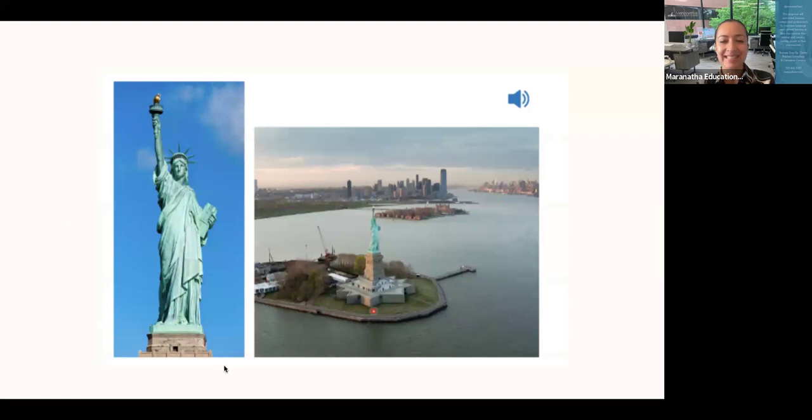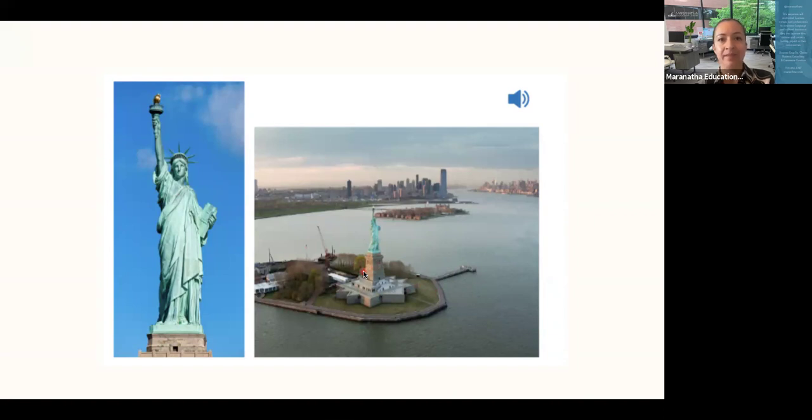This statue is a very important American symbol. This is the Statue of Liberty. The Statue of Liberty is in New York. It's in Liberty Island. Liberty Island is in New York Harbor.